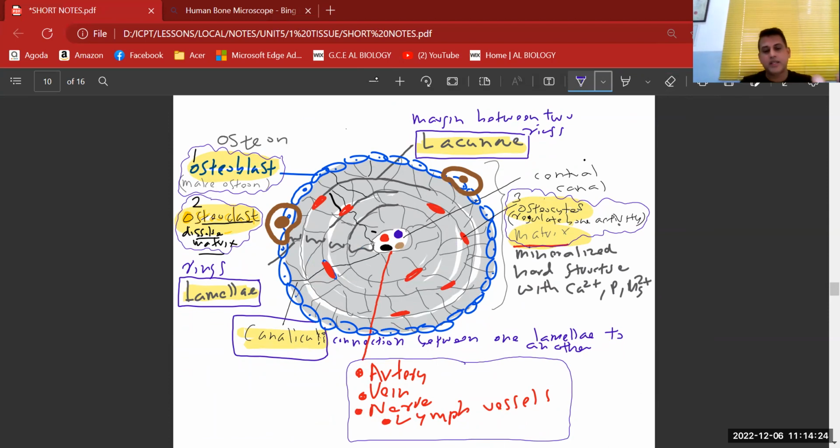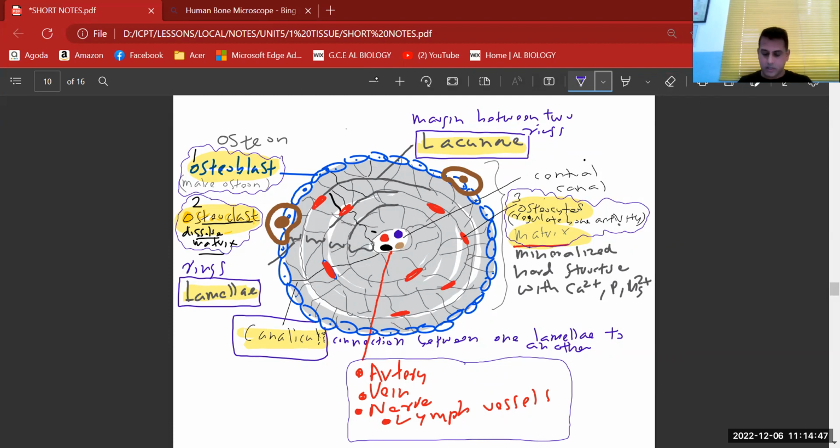So we have done epithelial tissues and connective tissues. Connective tissue includes bone, blood, cartilage, fat tissues, loose connective tissues, different types of connective tissues. We learned about the connective tissues.